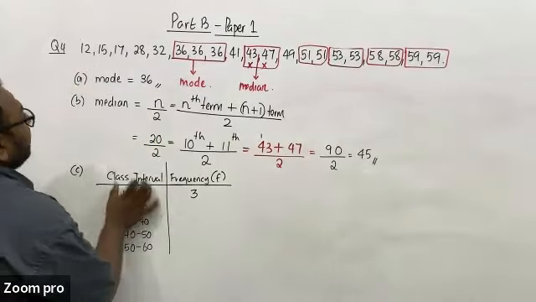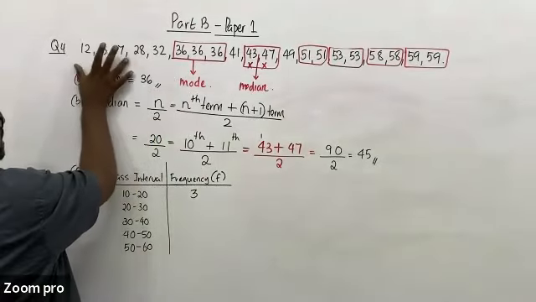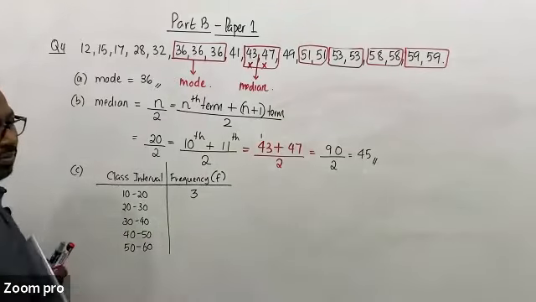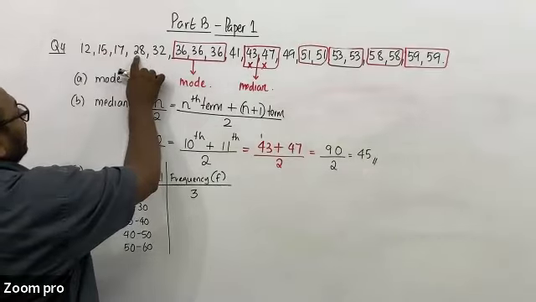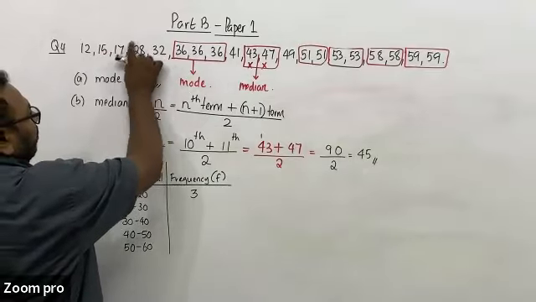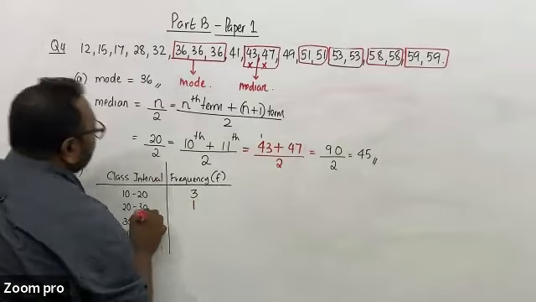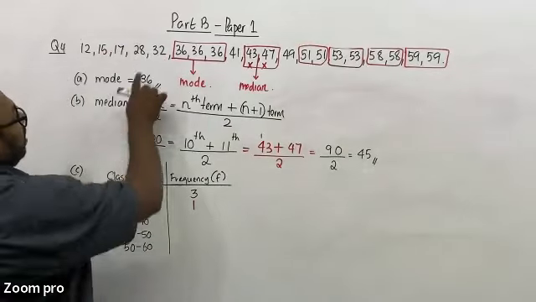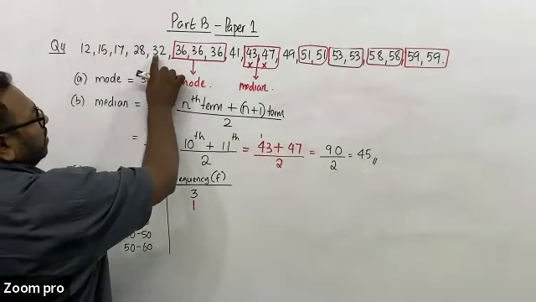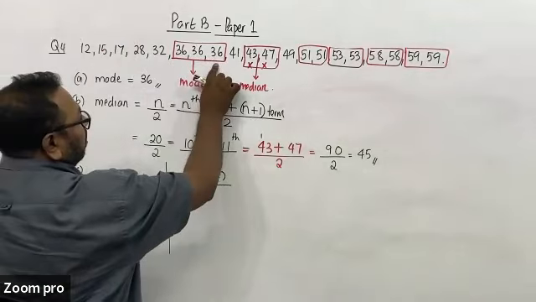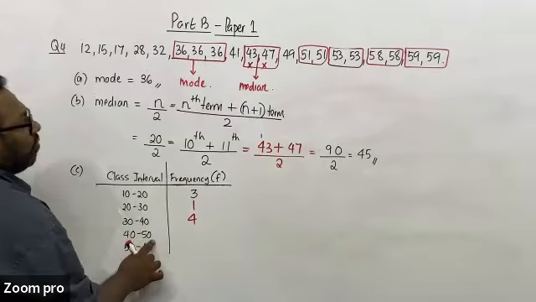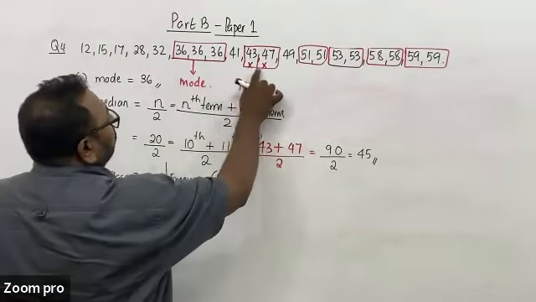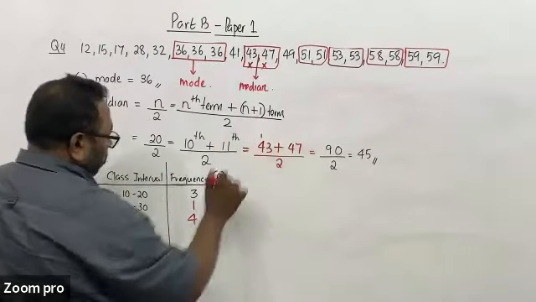So 10 to 20, you have 3. Then you have 20 to 30. So 20 to 30, only 1. Then 30 to 40 is 1, 2, 3, 4. 40 to 50, 1, 2, 3, 4.